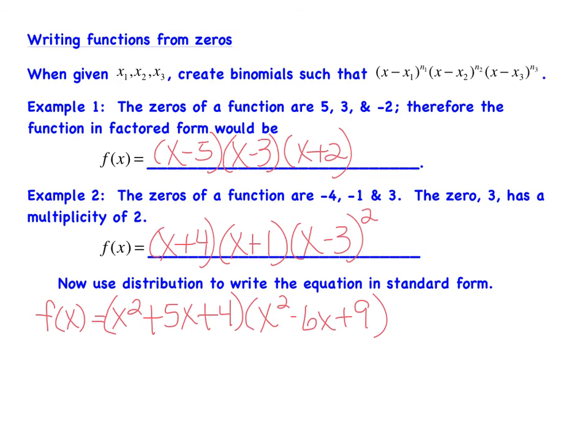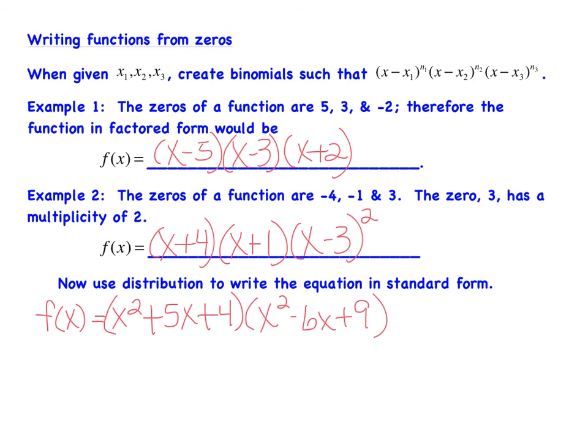First, you're going to multiply x times x, and you'll get x squared. Then you have x times 1, and 4 times x, and those are the like terms that you combine to get 5x. Then you multiply 4 times 1, which gives you 4. Now, to multiply my binomial that's squared, that's x times x, which is x squared.